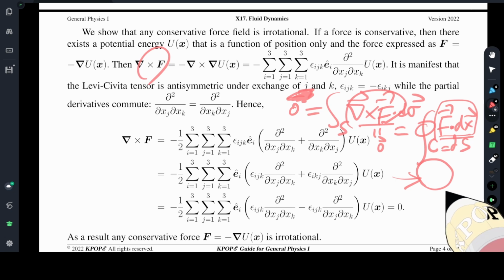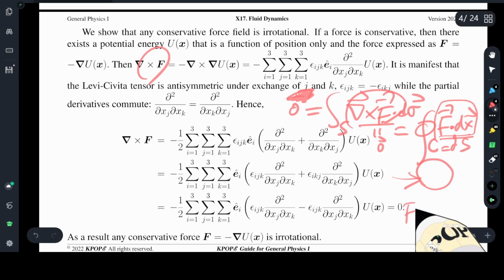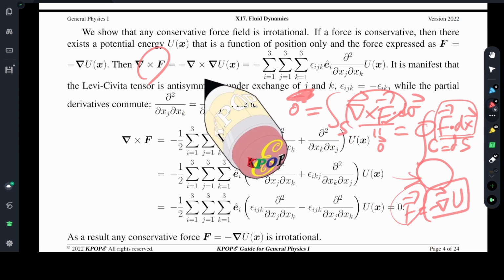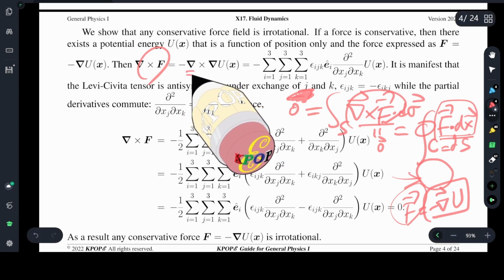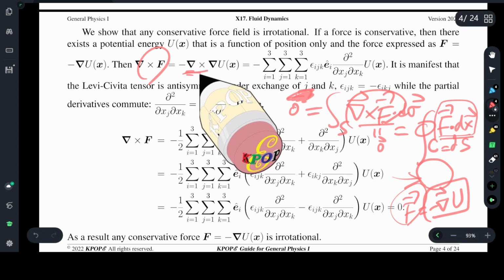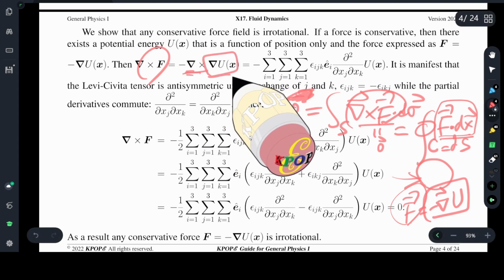In another way, we can show that if there is a potential energy such that the force is minus the gradient of the potential, this is irrotational. How? Let us substitute: the curl of minus gradient u.